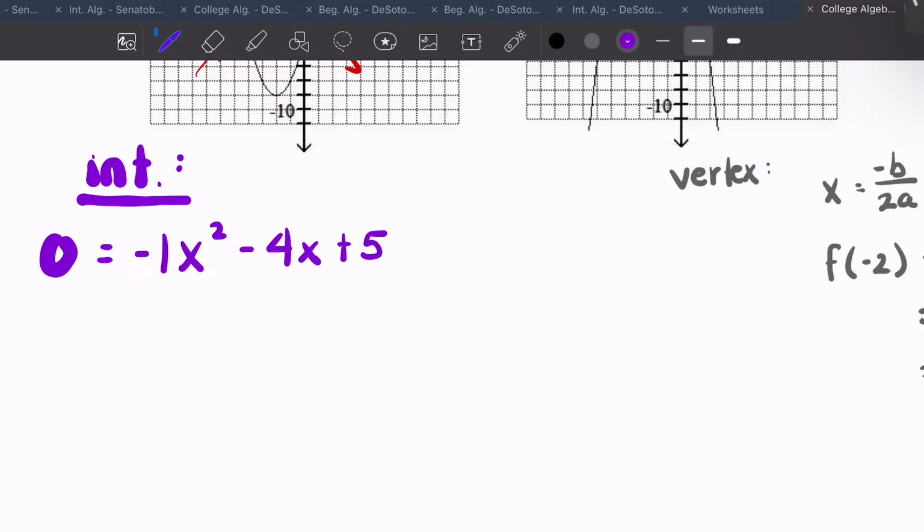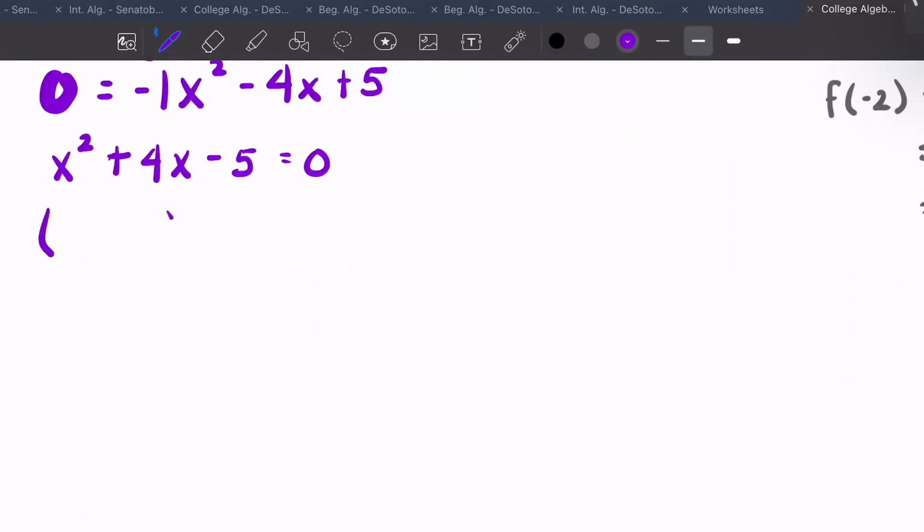We don't want our x squared to be negative, so we're going to move everything over. So we're going to say x squared plus 4x minus 5 equals 0. Going to factor it. It's an easy trinomial with different signs.